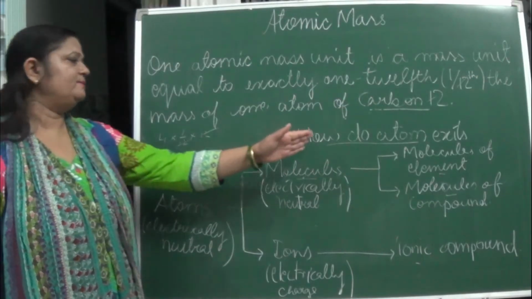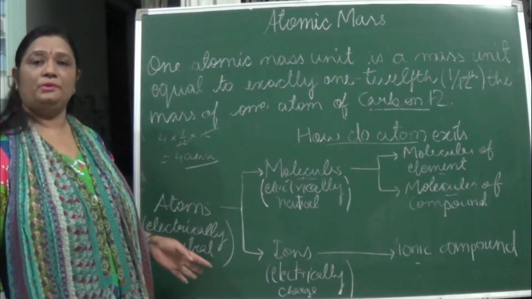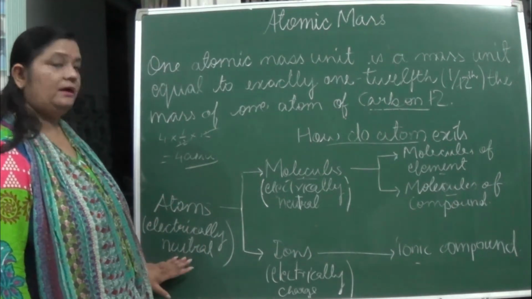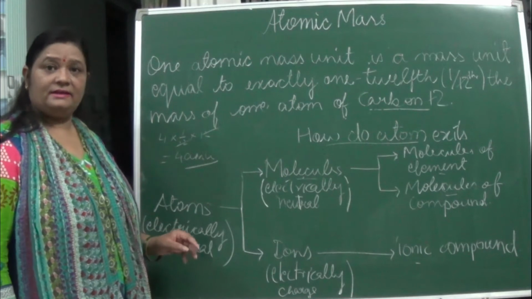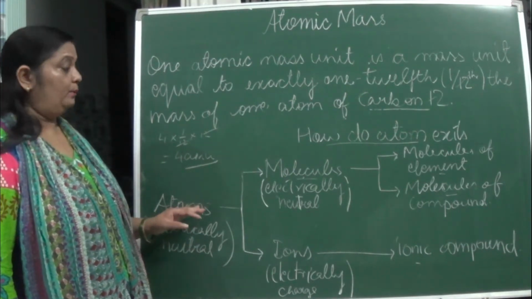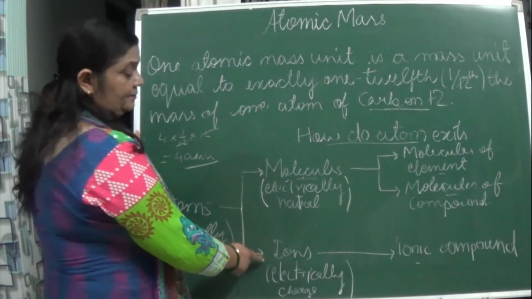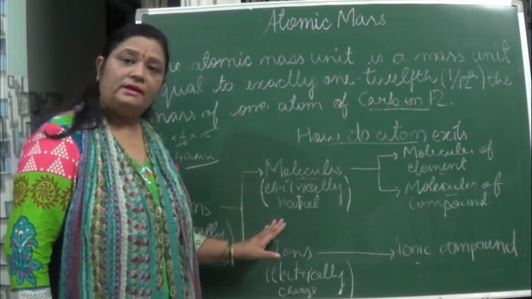Now how do atoms exist? When we are talking about atoms, they are electrically neutral. The positive charge is equal to the negative charge, so they are electrically neutral. But do you think these atoms can exist singly? No. They exist in the form of molecules and ions. Molecules are also electrically neutral.